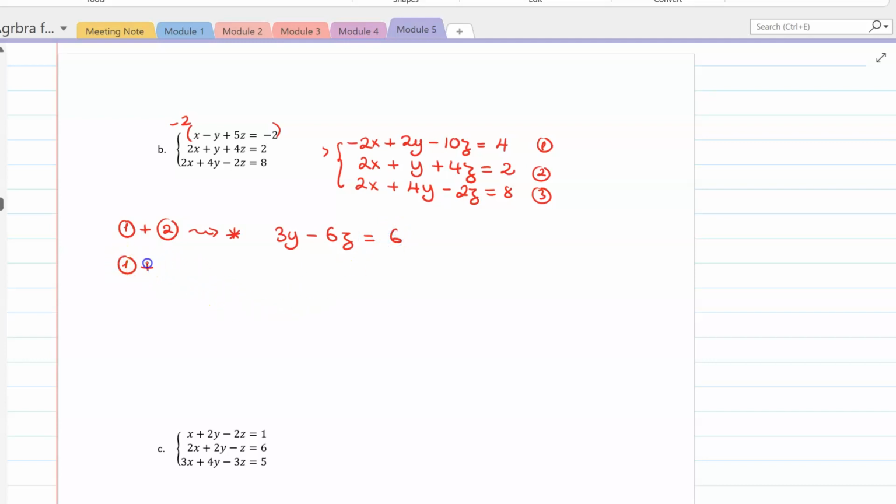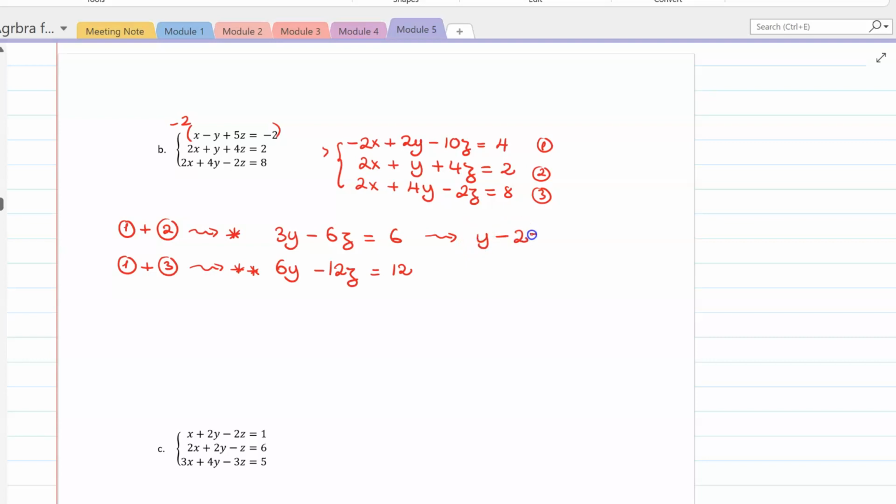I can add equation 1 and equation 3 and get the 2 star equation. So that is 0x plus 6y minus 12z equals 12. So I'll go ahead and simplify the first equation by 3.